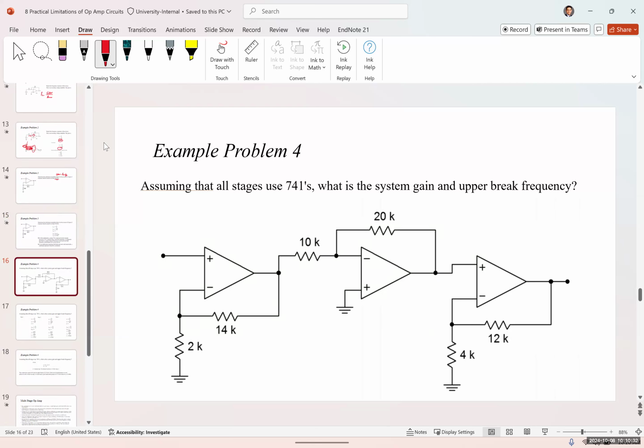For this example, we would assume that all stages use a 741. What is the system's gain and the upper break frequency?